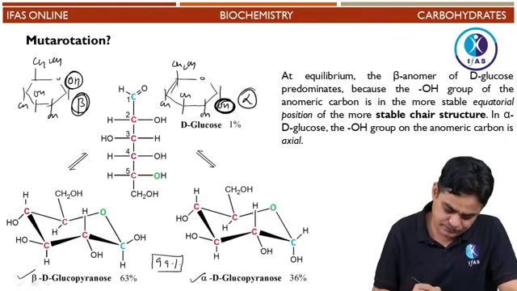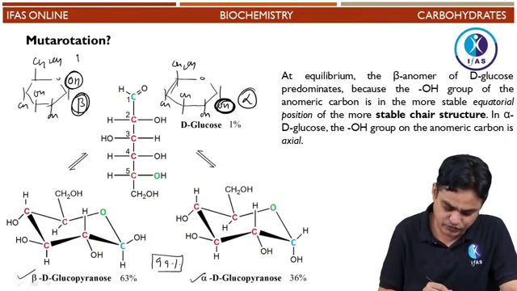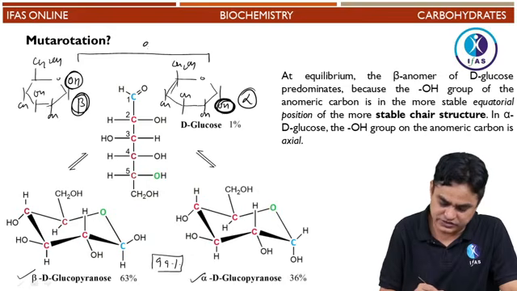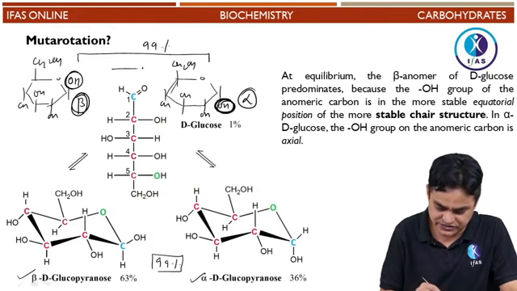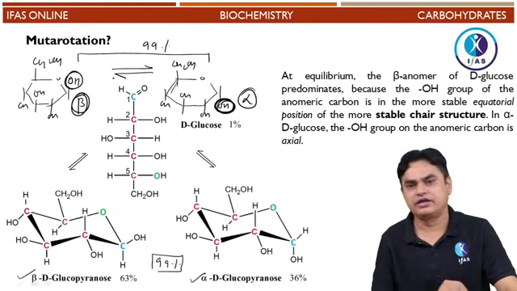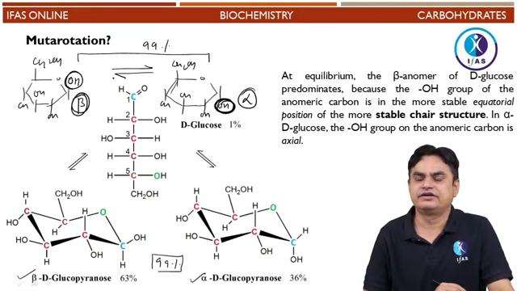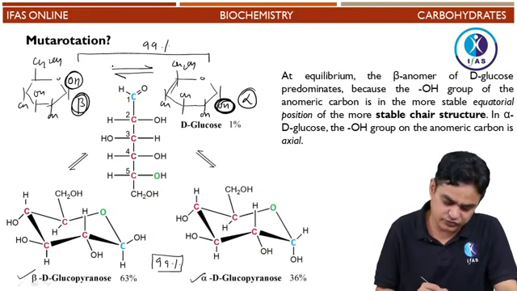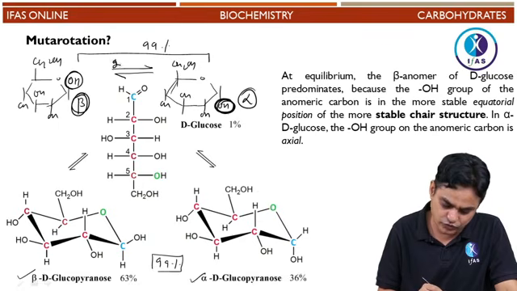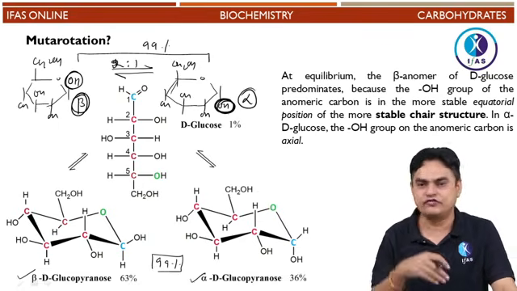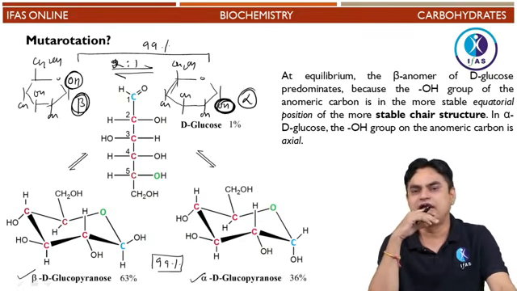Alpha form and beta form both will be there, almost 99%. And as we have said, these two different forms would be in an approximate ratio of 2:1. That is, the beta anomeric form would be more as compared to the alpha anomeric form.